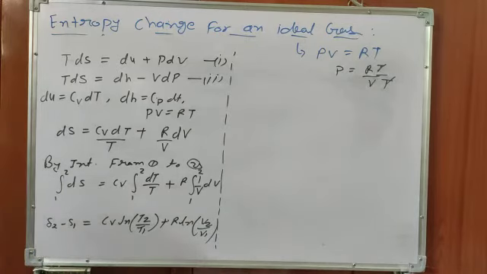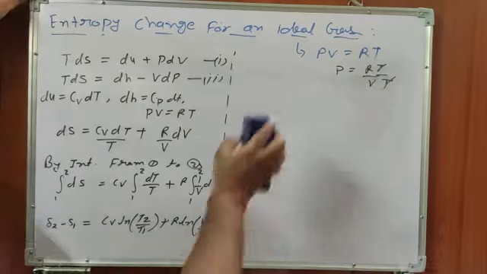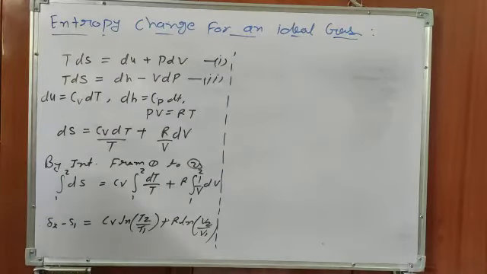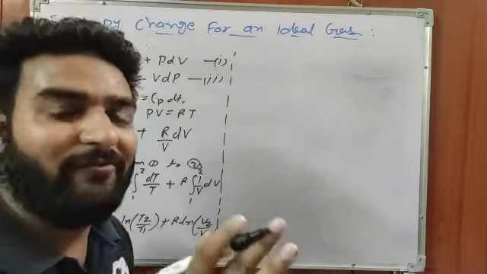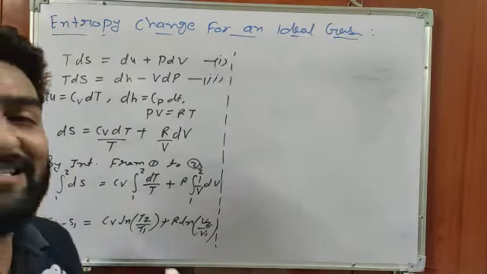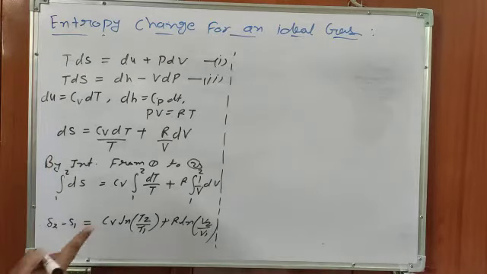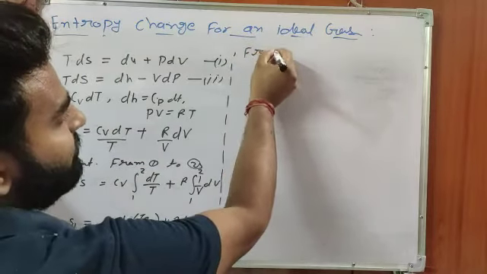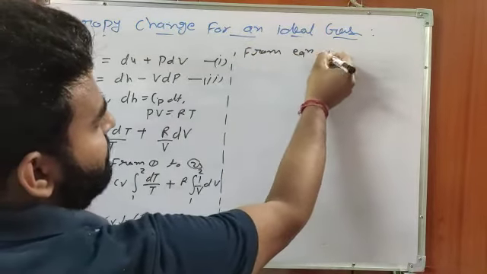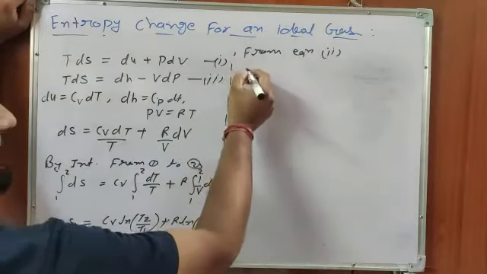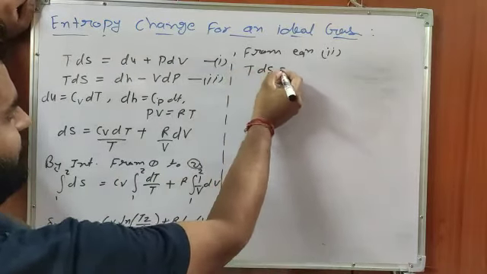Now from equation 2, if you have a question with given data in temperature and volume, then you can easily find the entropy change for an ideal gas from this equation. Now from equation 2, rearranging, TdS is equal to dH.